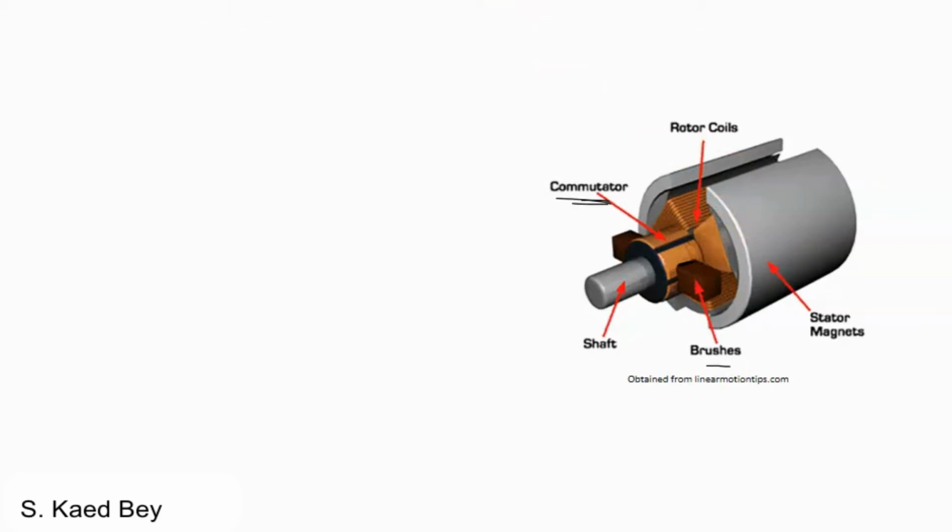One important property for DC motors. When the brushed DC motor or the brushless DC motor rotates, each winding generates a voltage known as the back EMF, or the back electromotive force.